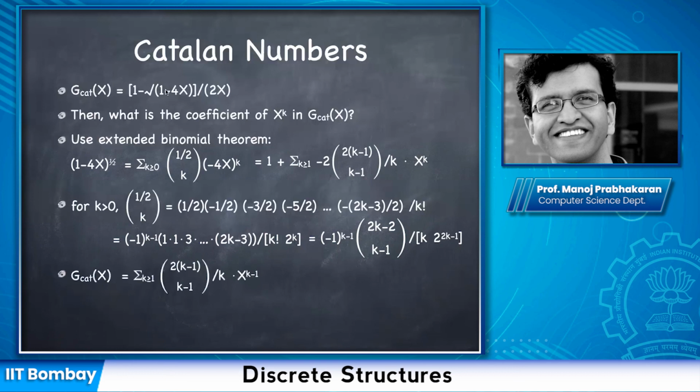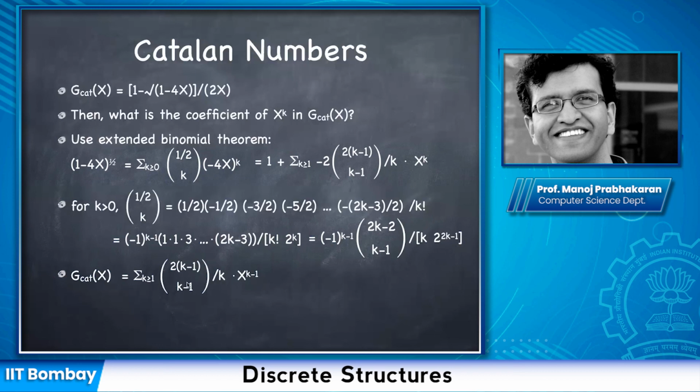I'm interested in 1 minus this quantity divided by 2x. So that would be just this part without the minus divided by 2x. So the 2 goes away and divided by x. So instead of x to the power k, I will have x to the power k minus 1. Okay, and the summation is for k greater than or equal to 1.